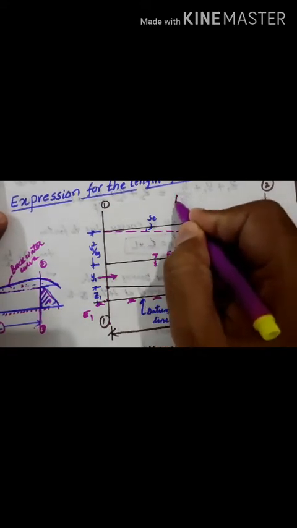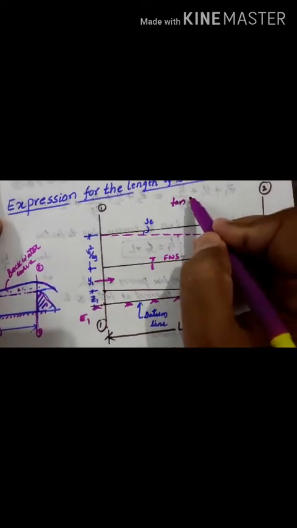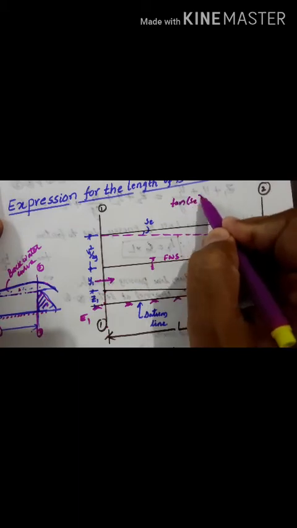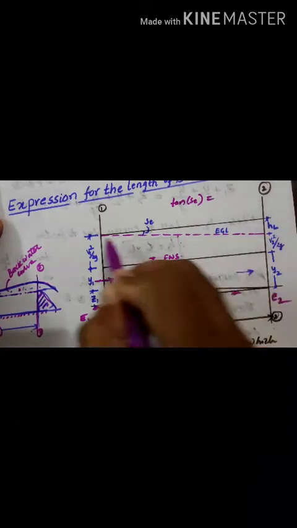We can take the tan of SE, which is equal to opposite by adjacent.